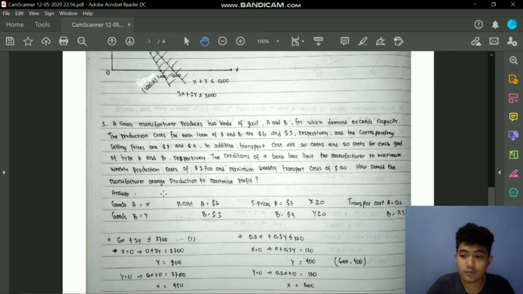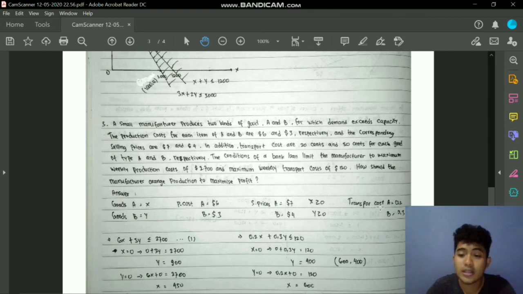We suppose goods A is x and goods B is y, and from the question we get the cost of A is $6 and B is $3, selling price for goods A is $7 and for B is $4, and x is greater than or equal to 0 and y is greater than or equal to 0.